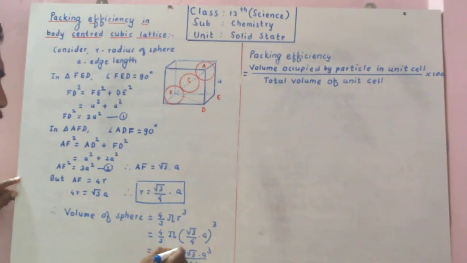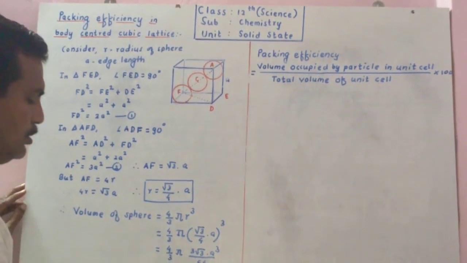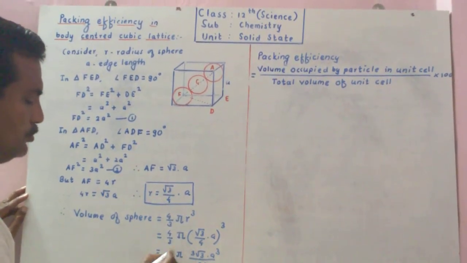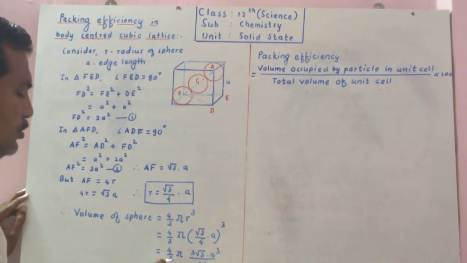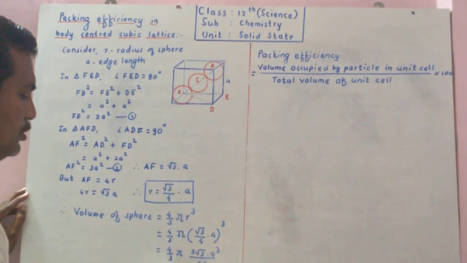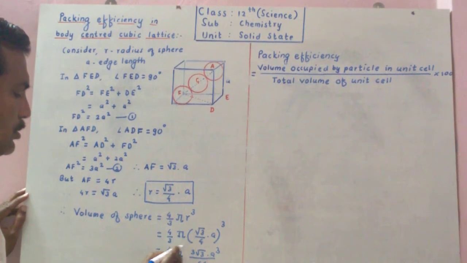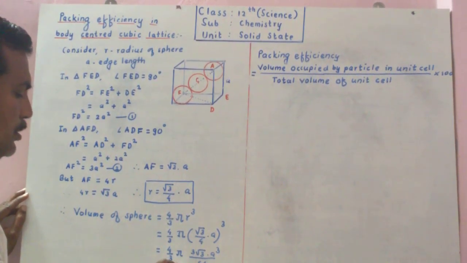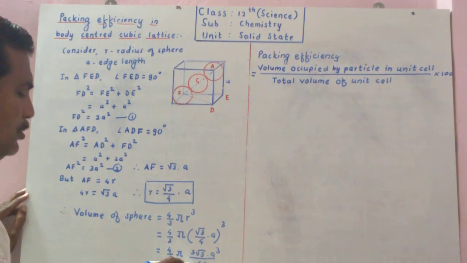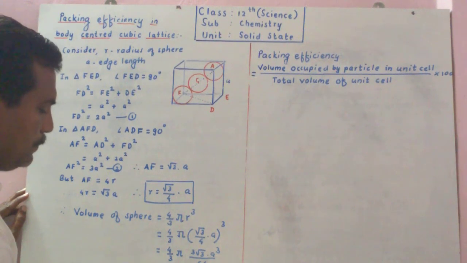So here 3 will get cancelled and here 16. So root 3 pi into a cube upon 16.